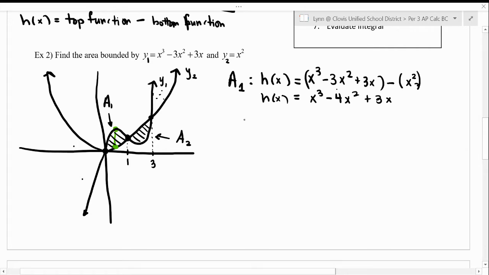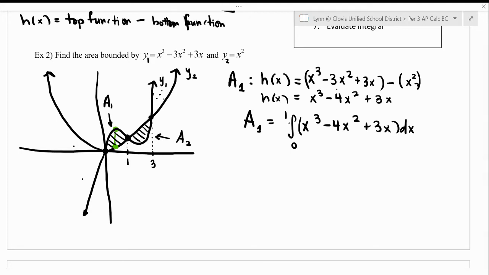And so then what would that area be then? So that area 1 would be equal to the integral of my h of x dx, and then that goes from 0 to 1. And then again, I would either type that into my graphing calculator or I would type that into Desmos.